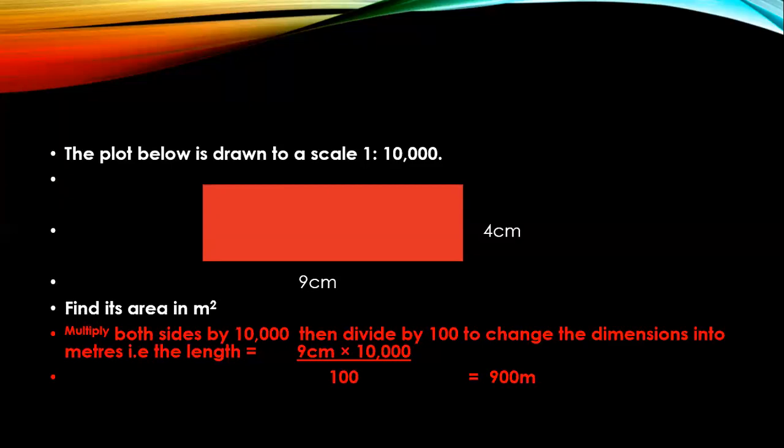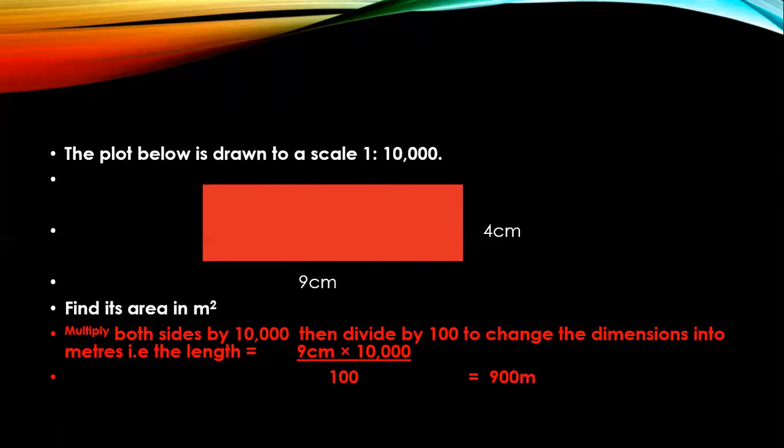You can change meters squared into acres or into hectares very easily. You change meters squared to acres by dividing by 100, and to hectares by dividing by 10,000. But if you leave your measurement in centimeters, it will be very hard for you to change it into the required units.